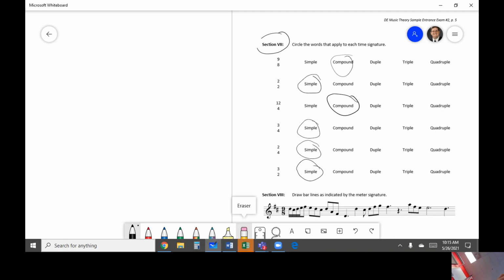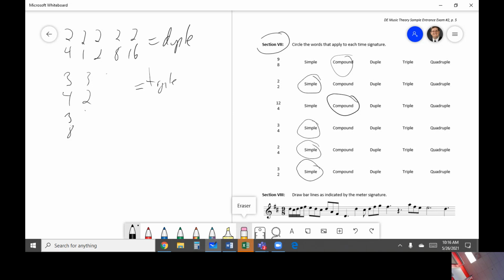If there's a number with a 2 on top, like 2-4, 2-1, 2-2, 2-8, 2-16, it's going to be duple. No way around it. If there's a 3 on top, it can be a lot of different things. If it's 3-4 or 3-2, or even probably 3-1, but let's not worry about that yet, that's going to be triple.